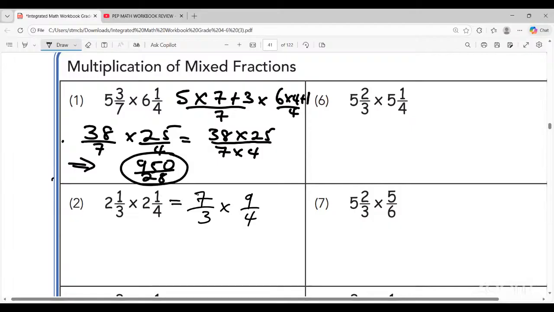All right. So we can cancel if we wish. 3 into itself 1, 3 into 9 3 times. So 7 3s 21/4. And of course 4 into 21 goes 5 times.